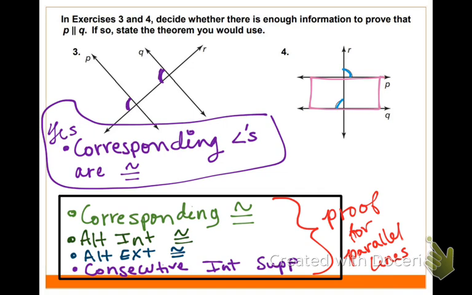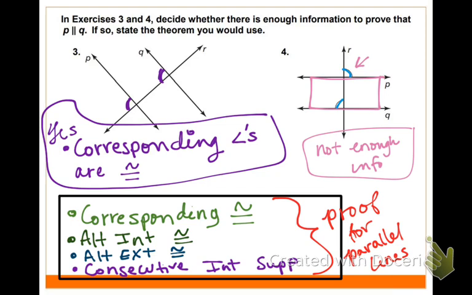Corresponding would have to be in the same spot at their intersection. This top one is in the top right, and then this other one would be in the top left of its intersection. So there's no relationship, so you would put not enough info, because there wasn't one of these 4 relationships being used.